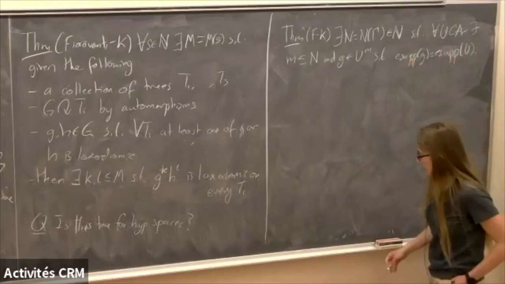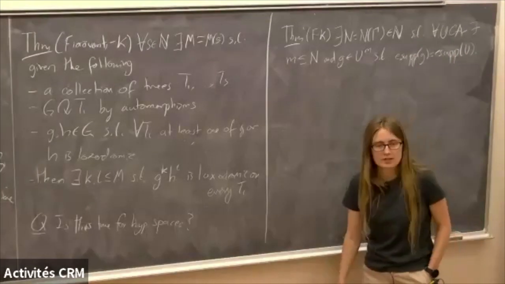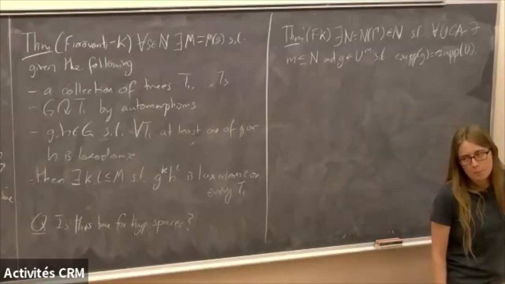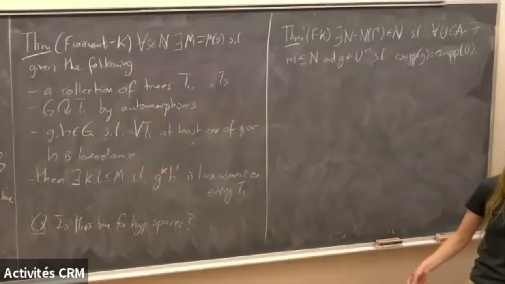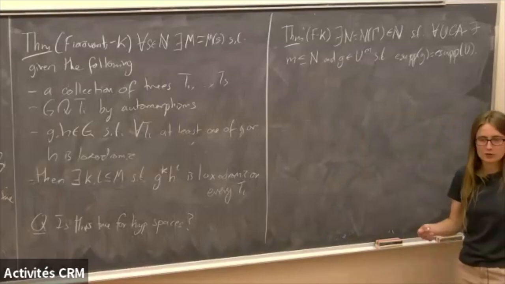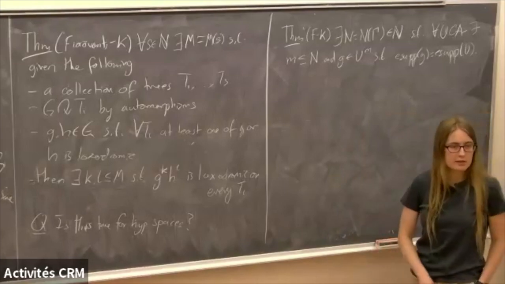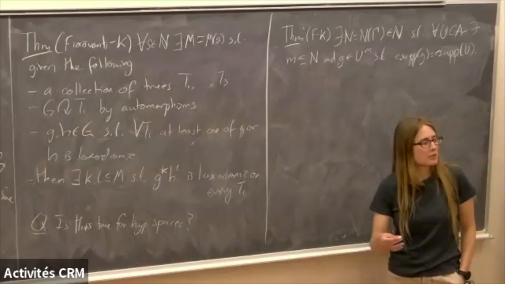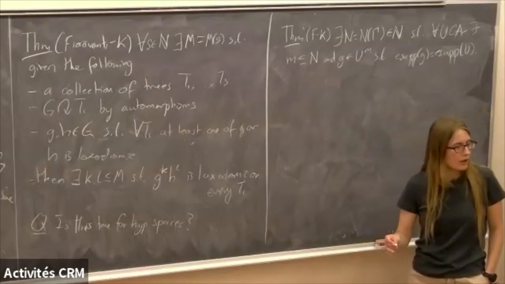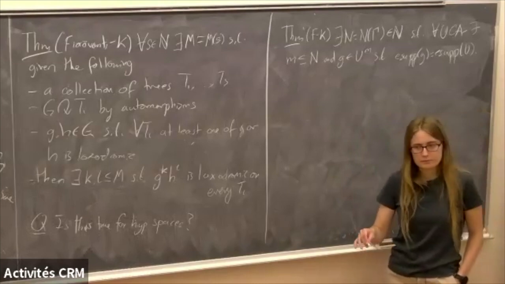One thing we don't know is this kind of well-ordering stuff. In the original Fujiwara and Sela paper about well-ordering sets of growth rates, they do this for sub-semigroups of hyperbolic groups as well. They don't assume symmetry.